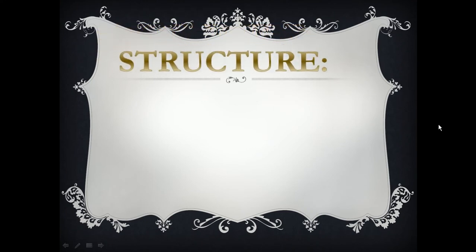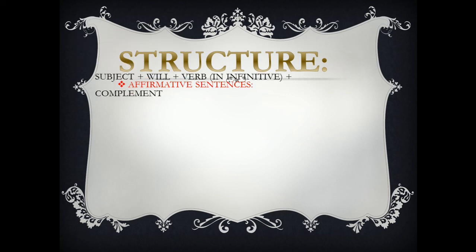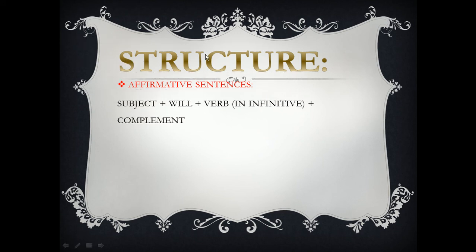Here we have the structure in affirmative sentences. It's pretty simple. You got subject, will, verb in infinitive, and complement. Okay, it says he will be. This is the verb to be in infinitive, no conjugation. Complement.